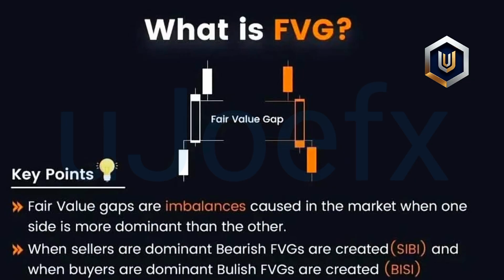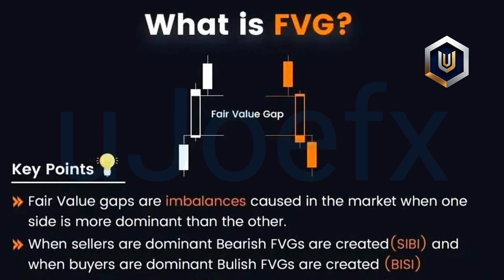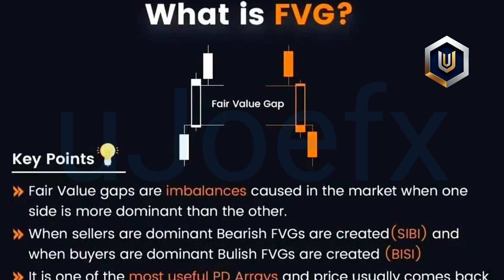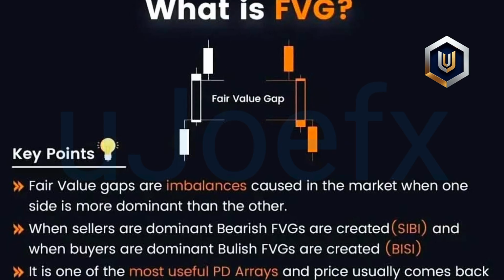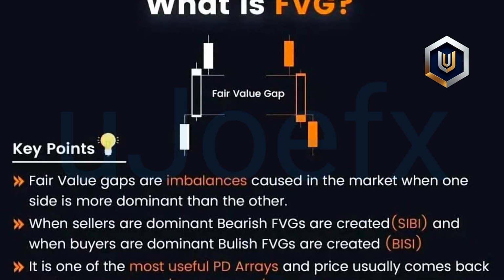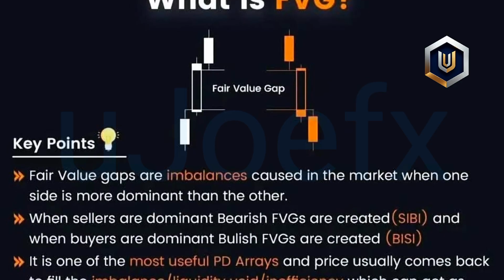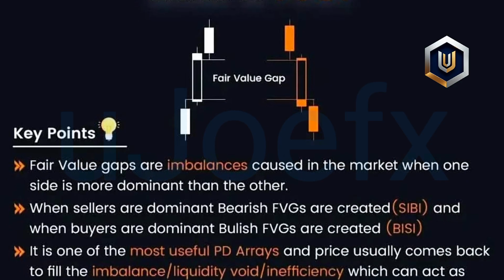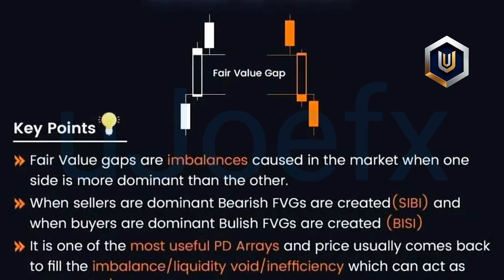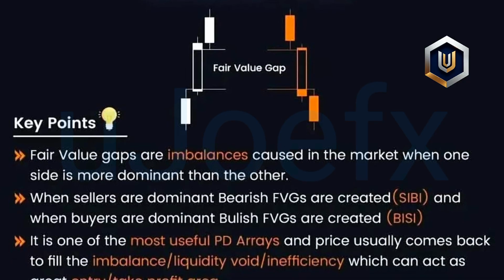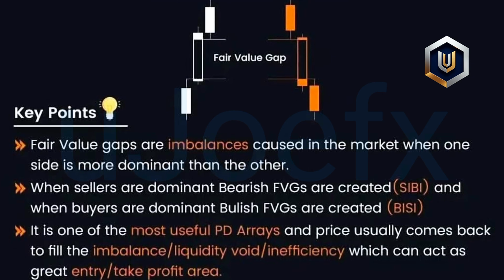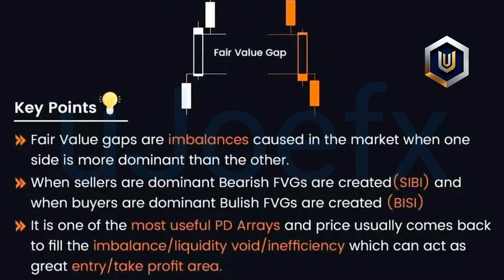Now let's also talk about what fair value gap is. I've explained this initially in the course of this video: the imbalance that occurs as a result of price action, involving three candle patterns, where the first candle and the third candle create that imbalance using the middle candle. That's what we call fair value gap.